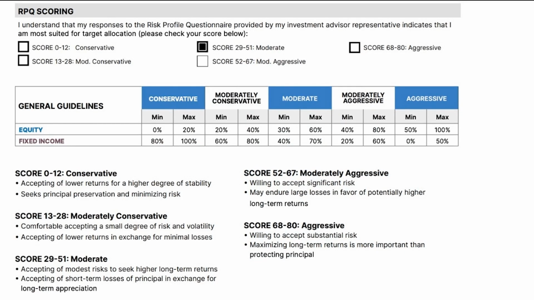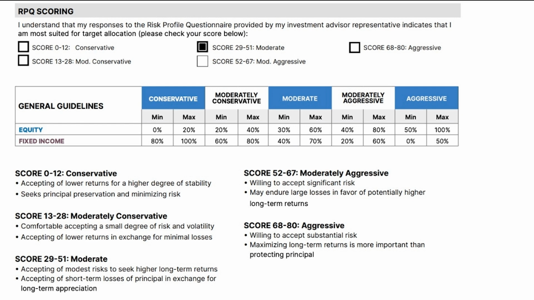So, what is the role of working with an advisor, and how does an accurate risk tolerance define both an investor and advisor's expectations? Well, if we bring that chart back up of the risk tolerance questionnaire results, we see that there are different grades on the spectrum, all the way from conservative to moderately conservative, moderate, all the way to aggressive.